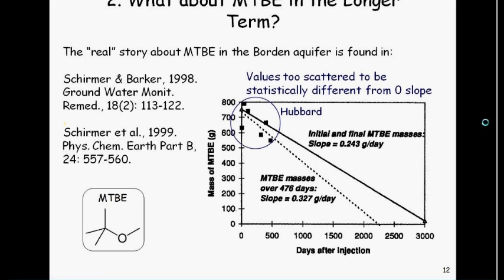So, during Tina's work, the work we've already shown, the data is scattered. It turns out that data is too scattered to say that trend is anything other than a flat line. With Mario's lines added, you now can see that maybe that scatter has some consistency.